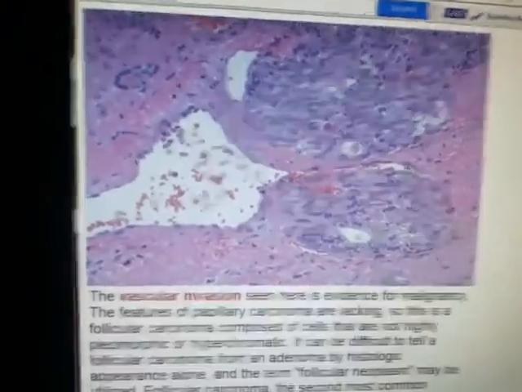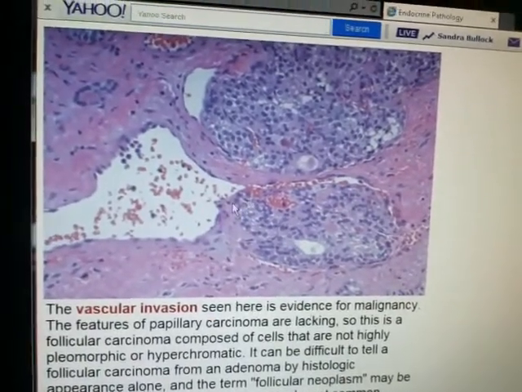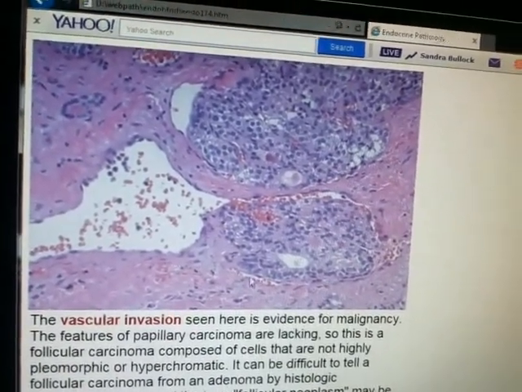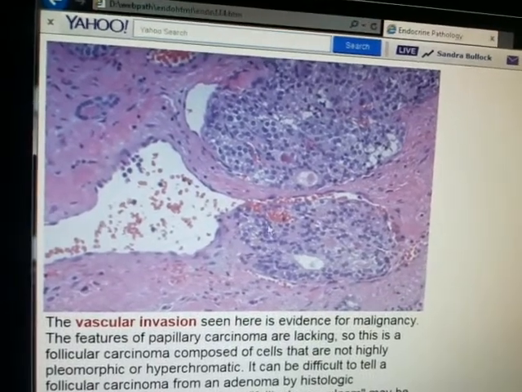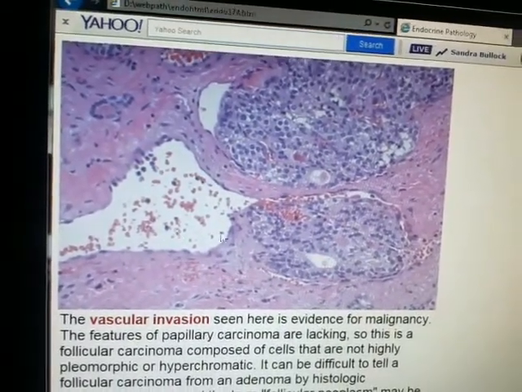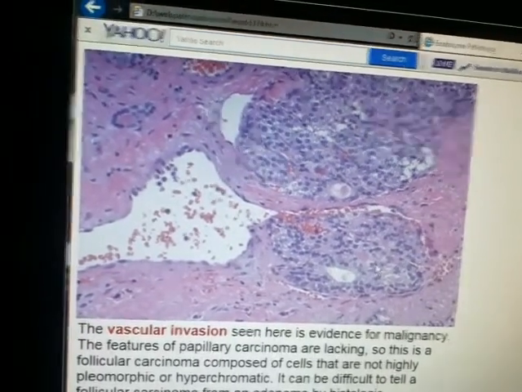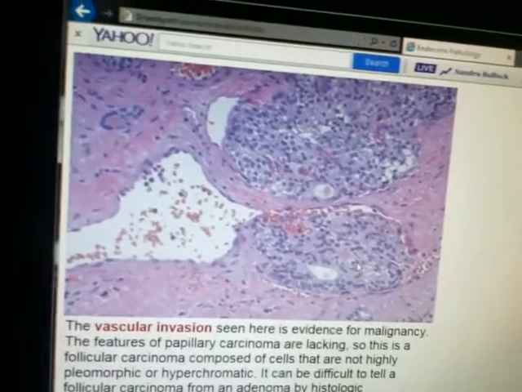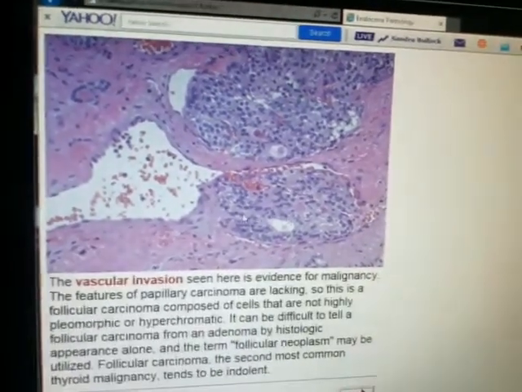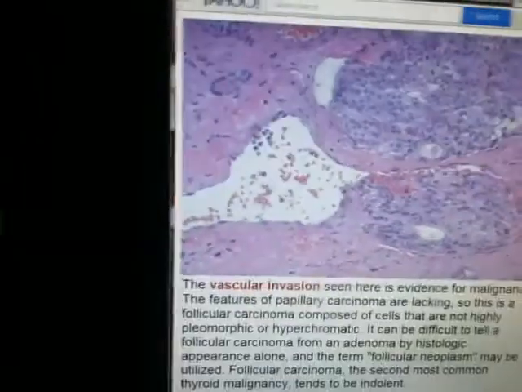Within this blood vessel, there is a focus of malignant cells which is adherent to the wall. Here we can notice the adherence of the tumor cells to the blood vessel wall. Follicular carcinoma is the second most common thyroid malignancy, and it's an indolent disease.